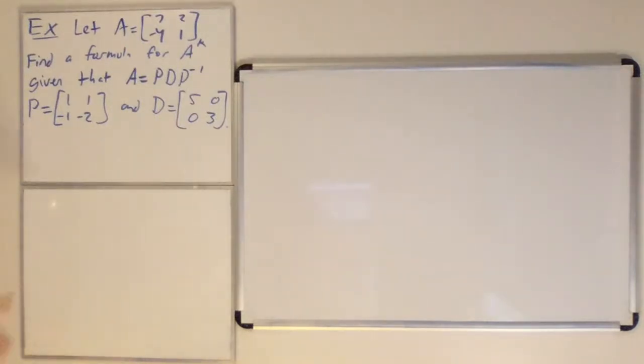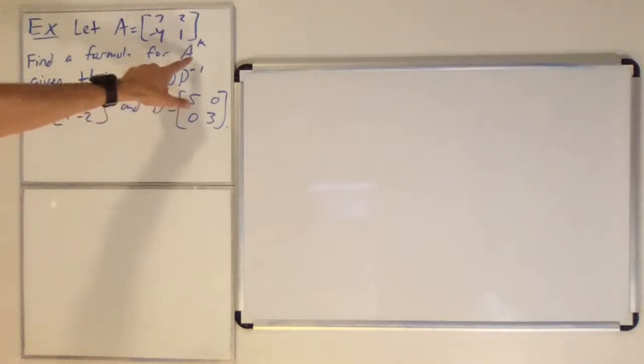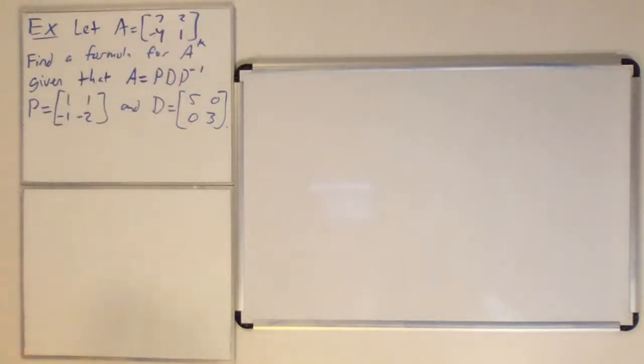So we want to find a formula for A to the K. So let's find A squared, then let's find A to the third and see if we can figure out a pattern.